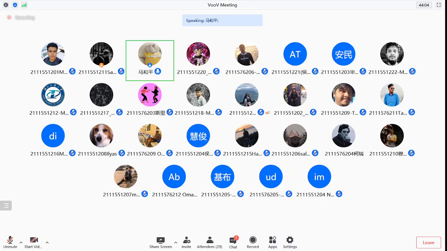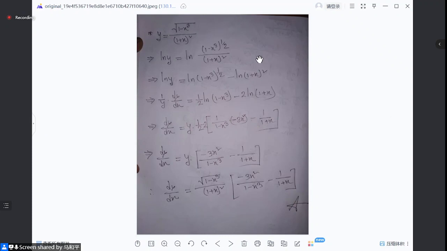Yeah, this is right. Y times, no, why is this 2? The 2 should be here, not in front.